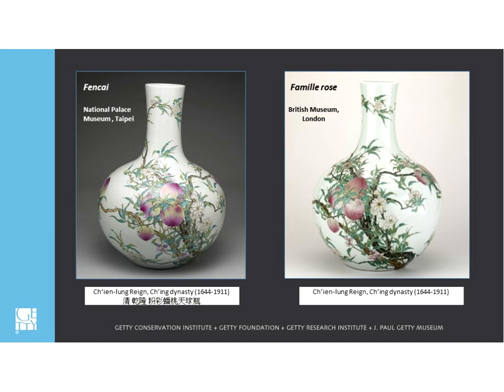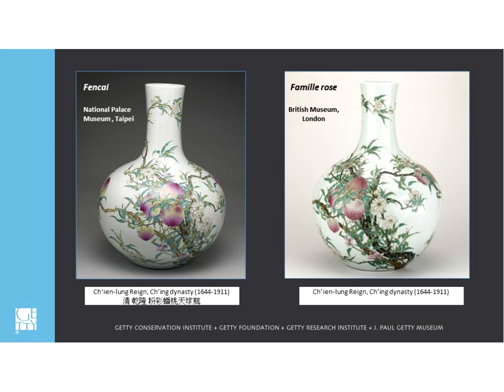And in the British Museum, a vase in exactly the same style is called famille rose. It's a French term meaning pink family. And obviously they're referring to the exact same style of porcelain.